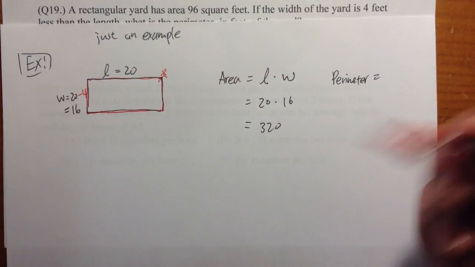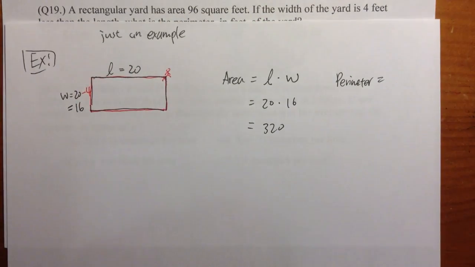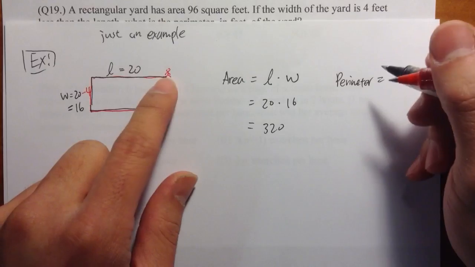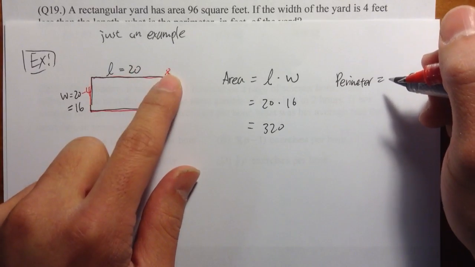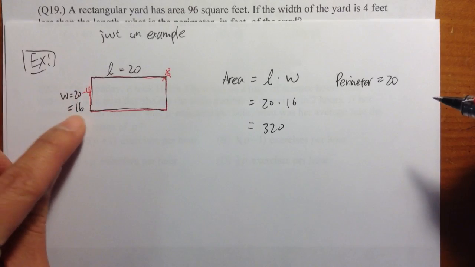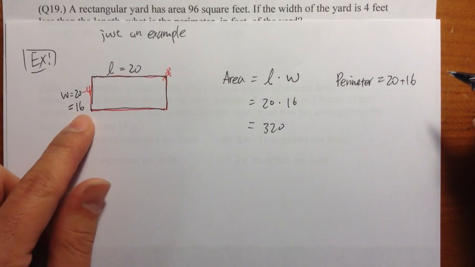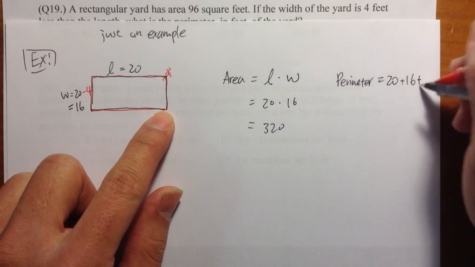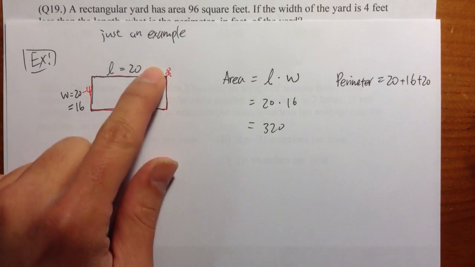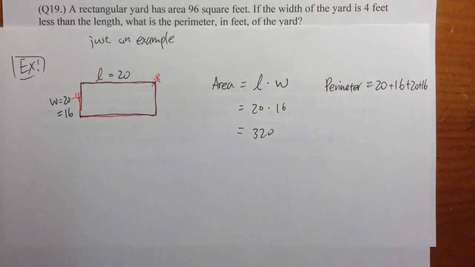How many feet would you be able to cover? The length of all of this together. So if you go from here to here, you run 20 feet. And if you go from here to here, you run 16 feet, so plus 16. And if you run from here to here, you get another 20 feet. And if you run from here to here, you went back, so you have another 16 feet.